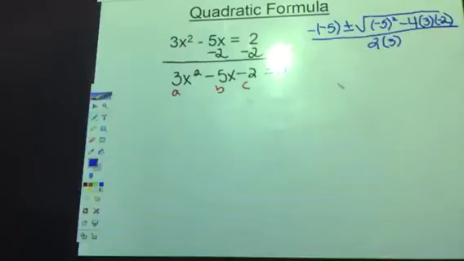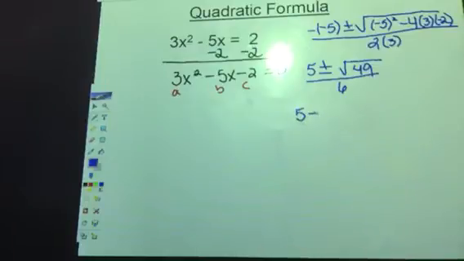I'm also showing you here how I prefer you to show your work on your paper. You have two negatives here, that is a positive, plus or minus. Use your calculator, put everything that is under the radical in there, and you should get 49. And all of this is over 6. Now, as we know, the square root of 49 is 7.